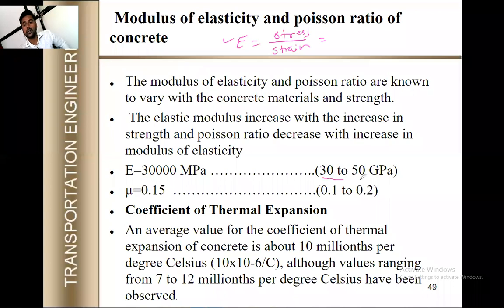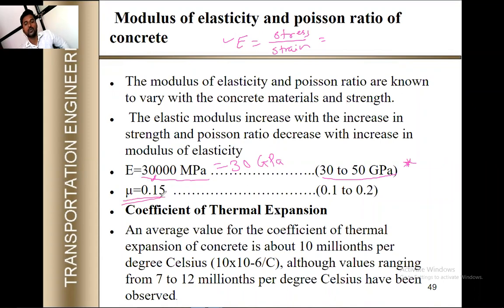It is 30 to 50 GPa. This is very important: E for concrete, the modulus of elasticity, is 30 to 50 GPa, generally taken as 30 GPa, or 30,000 megapascal.